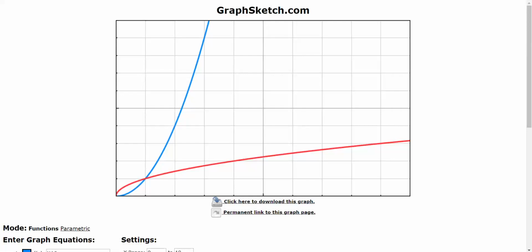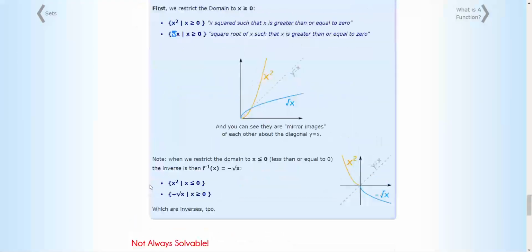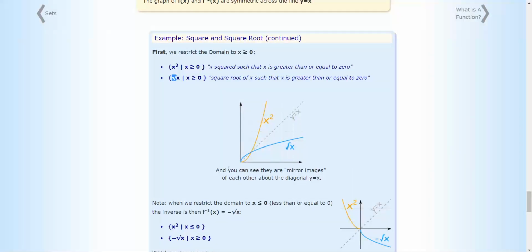So moving on, this is what we get in cases like this. It's almost symmetrical on y equals x for 1 in this case. They are mirrored images of each other about the diagonal y equals x.